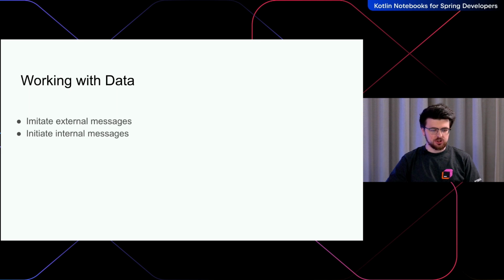Likewise, you can initiate internal messages, right? So if your service needs to send a message somewhere, and it's just difficult to trigger, you can, again, from your Kotlin notebook, send some messages to the Kafka topics. Yeah, very, very easy.